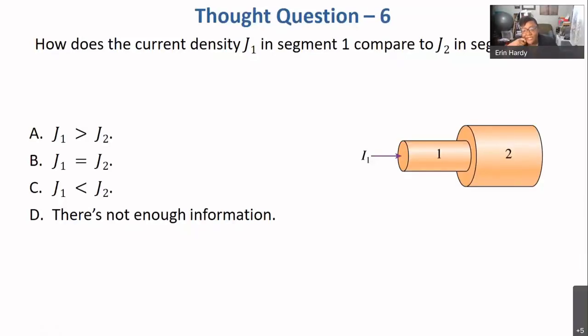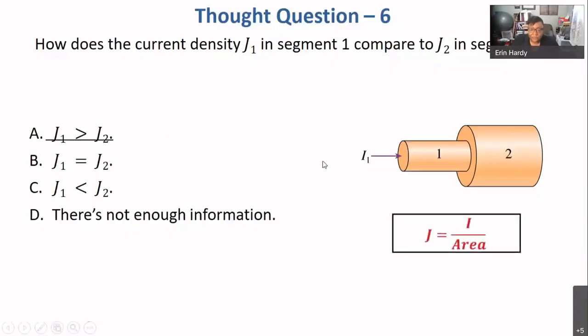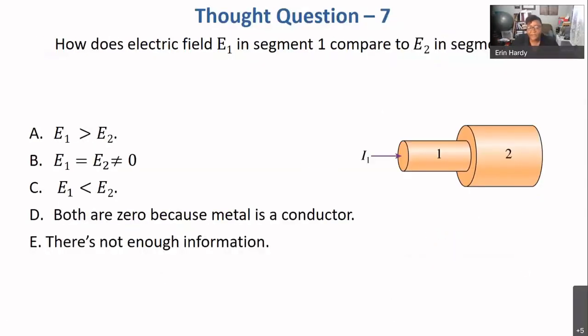When the current goes from wire segment 1 to wire segment 2, the larger cross-sectional area in segment 2 means that the current density in segment 2 is going to be less than the current density in segment 1. So A would be the appropriate choice here. And all we have to evaluate is the current per cross-sectional area.